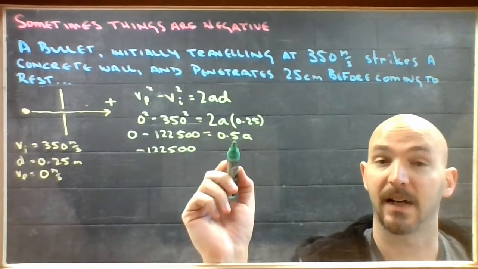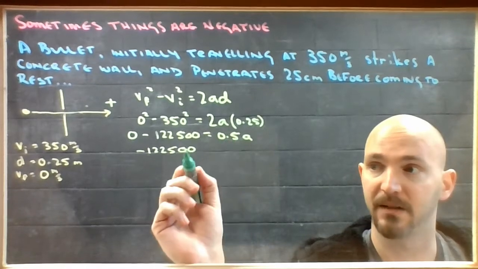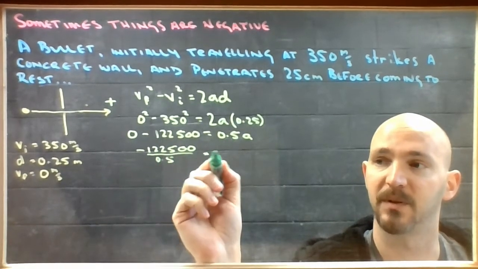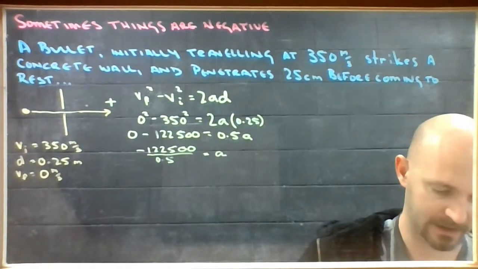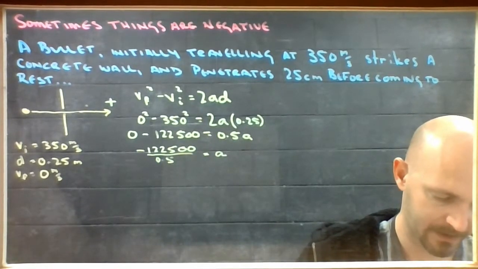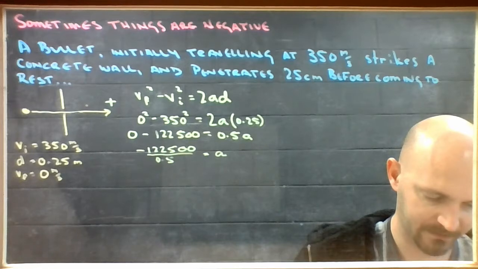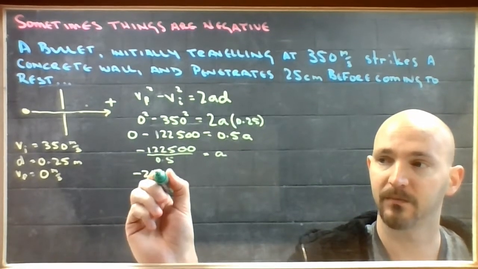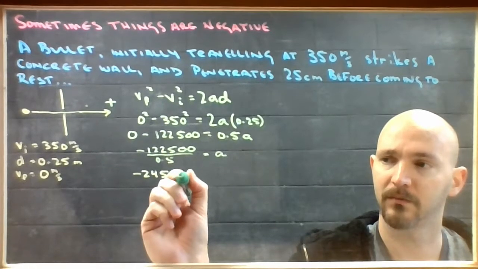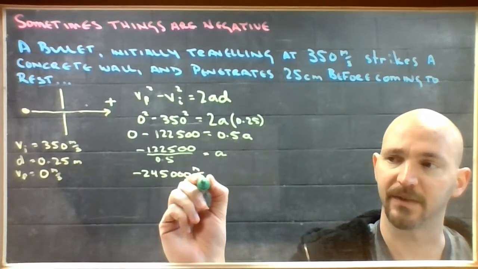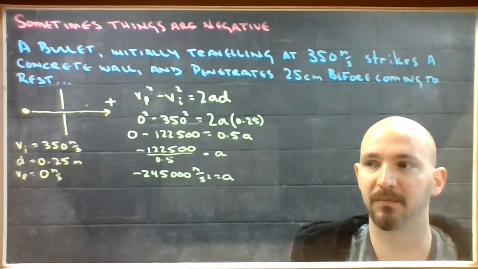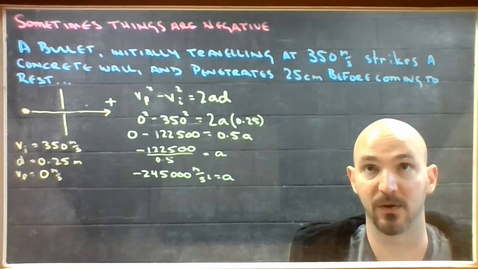To move this, I have to divide both sides by 0.5. If I do that, that should give me my acceleration value. And this number divided by 0.5 is negative 245,000 meters per second squared.